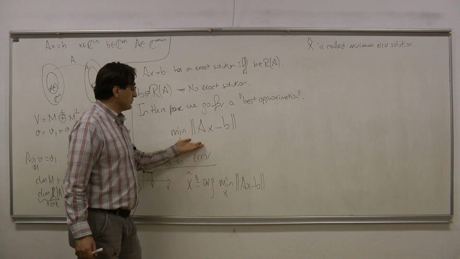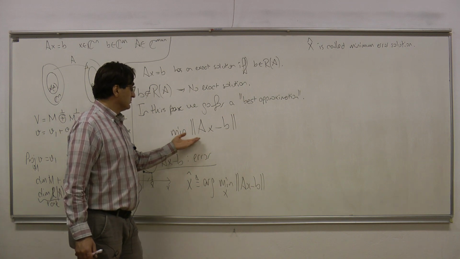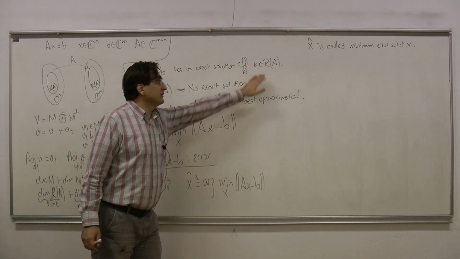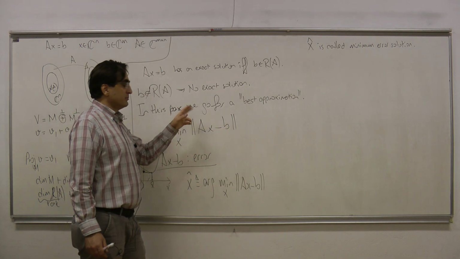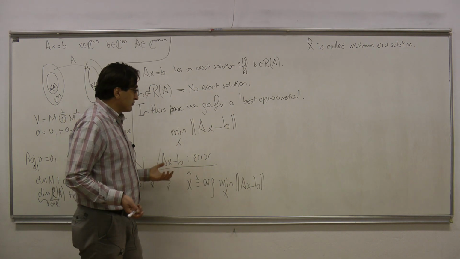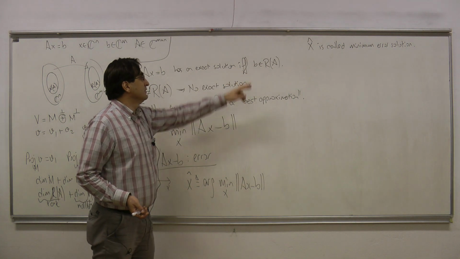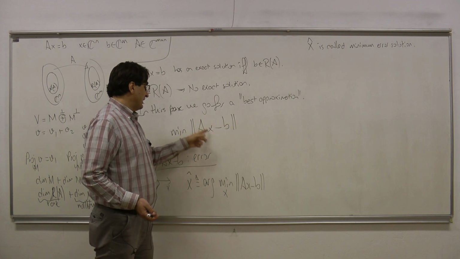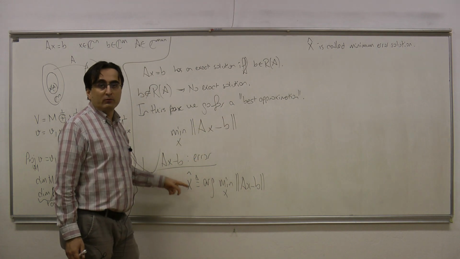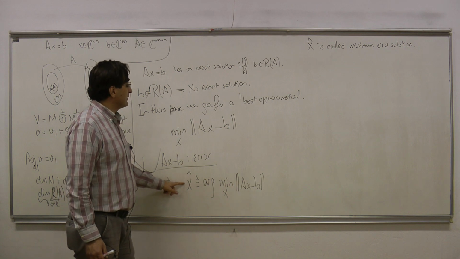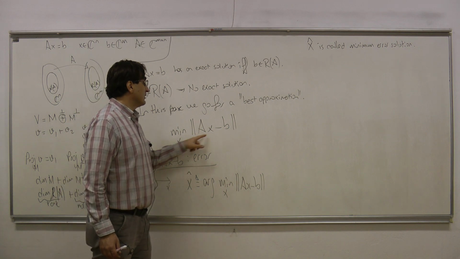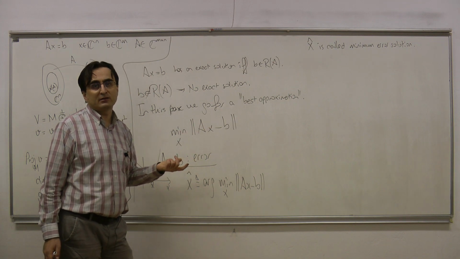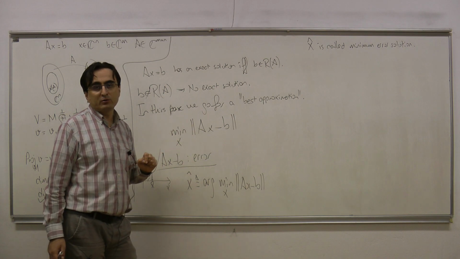Suppose I would like to calculate the minimum value of this error, and B is in the range space of A. Obviously, the minimum is going to be 0, because if B is in the range space of A, then I can find an exact solution, and one of the exact solutions will be my x hat. Since the equation is satisfied exactly, this error is going to be 0 at that x hat, and the minimum error is going to be 0.